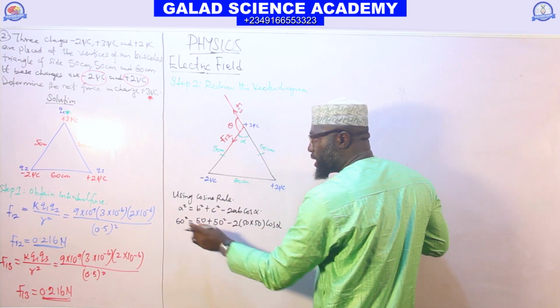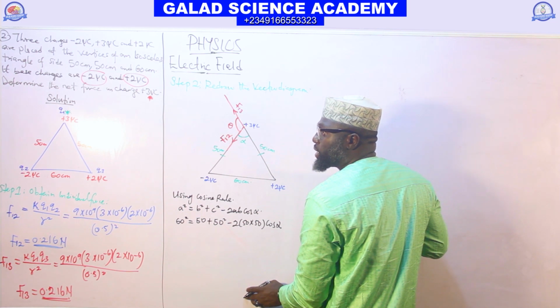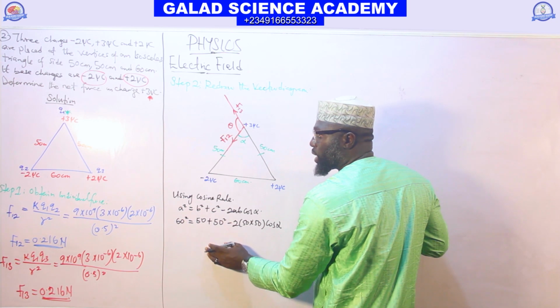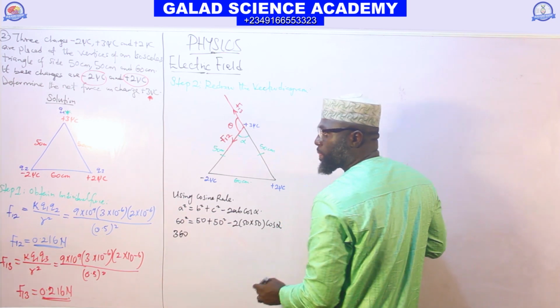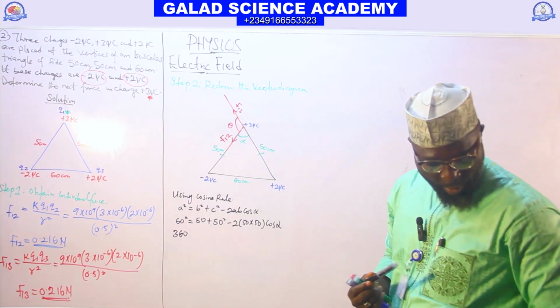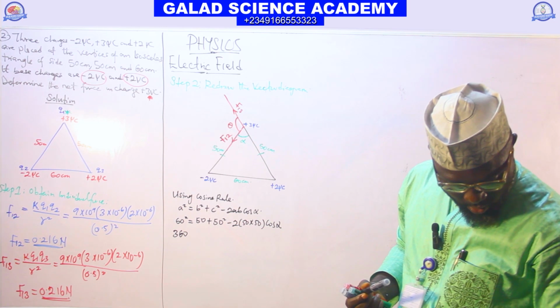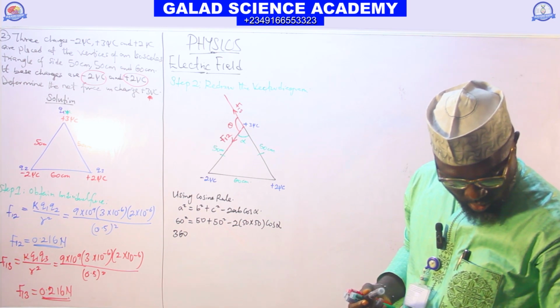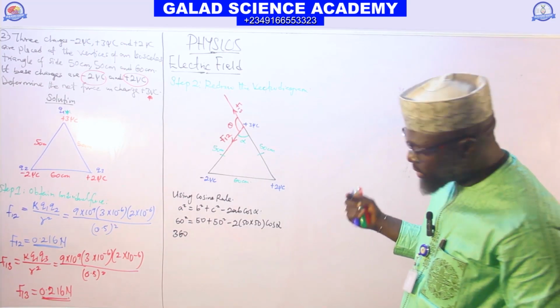What is 60 squared? Let me confirm it here. 60 squared is 3,600.